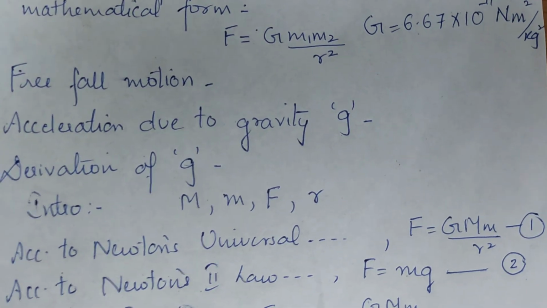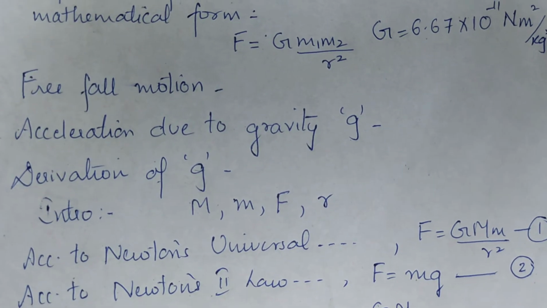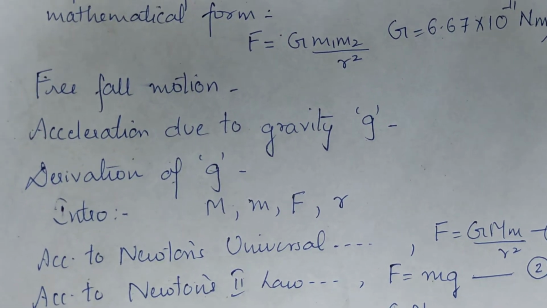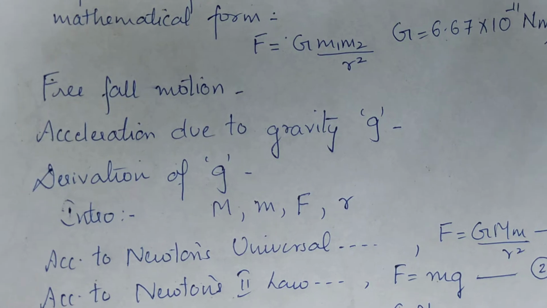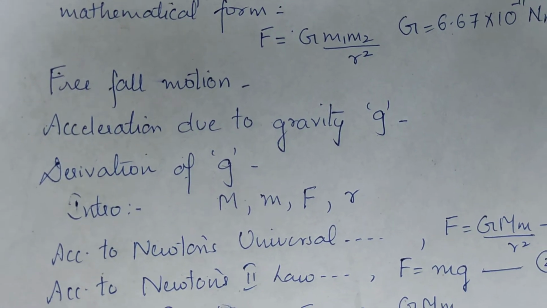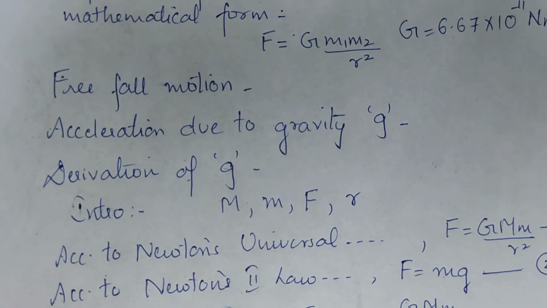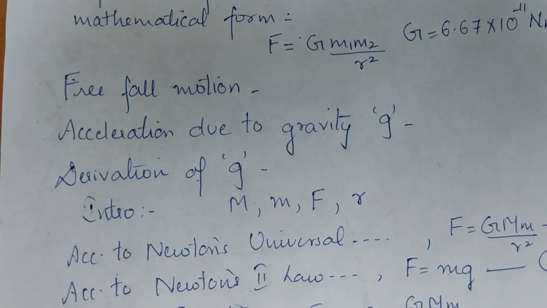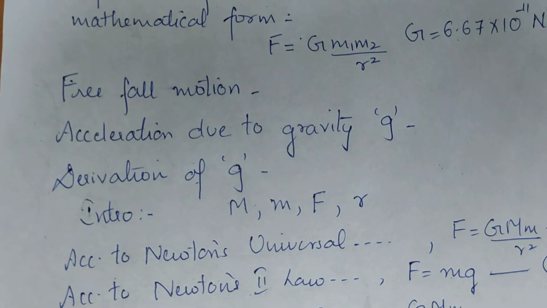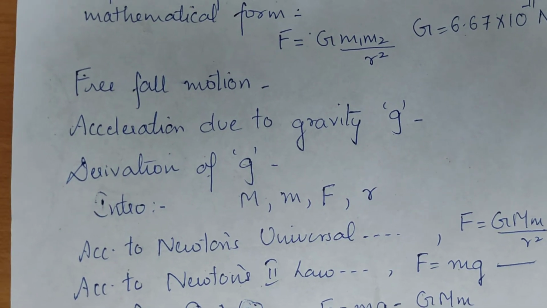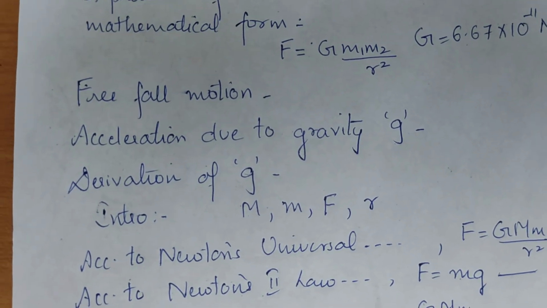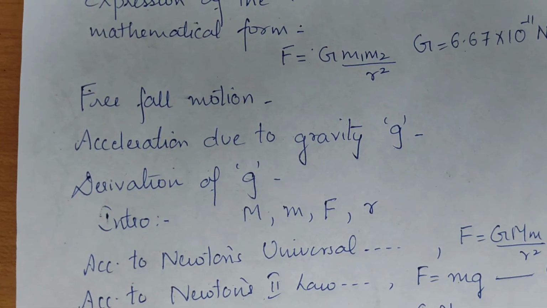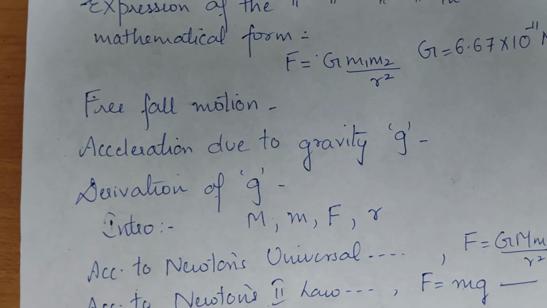In the introduction, you'll be writing: consider a body having mass small m lying at distance small r from the center of Earth, and let capital M be the mass of Earth and F be the force of gravity acting on the body. It means force of gravity is the force with which the body is attracted towards the center of Earth. Now in this case, I have not written capital R here. You can also write that capital R is the radius of the Earth.